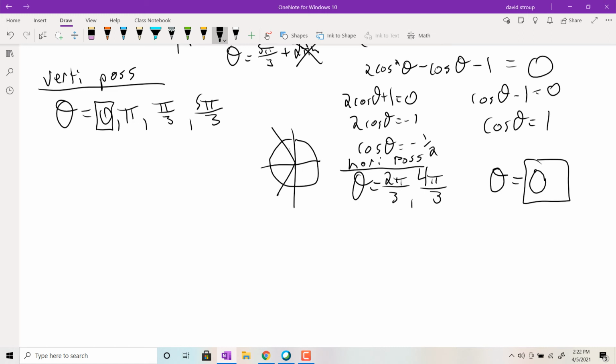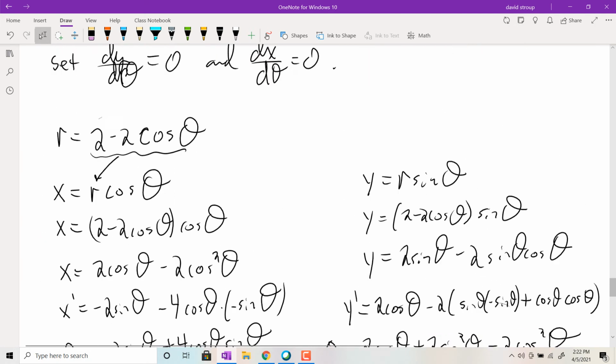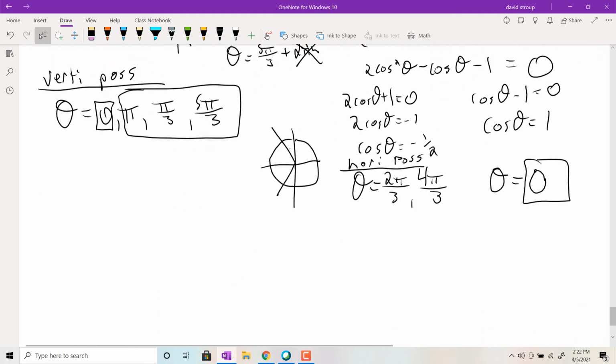For the vertical asymptotes, we have 3. And if you look at the picture, that confirms it, right? So you go back to the picture, you have these 1, 2, and then 3 verticals. We should be able to use those angles mixed with our formulas for x and y in order to get the vertical positions.